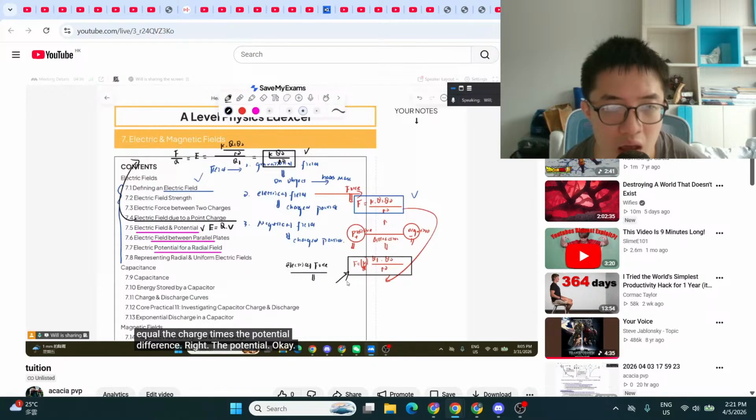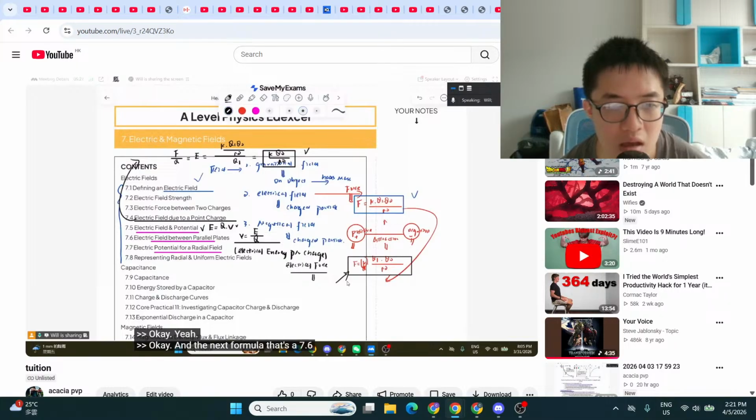So the potential is the electrical energy over the charge quantity. We can use the fraction to define the electrical potential, like electrical energy per unit charge. Understand that? Okay.